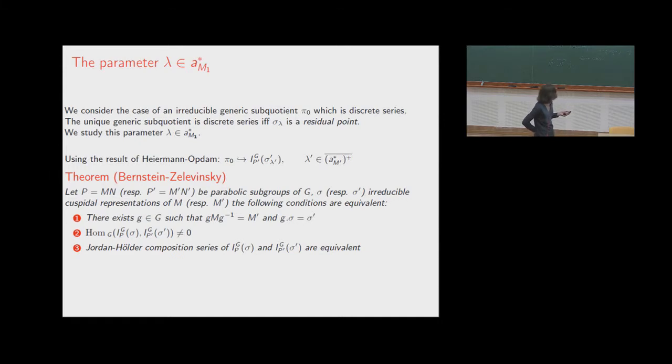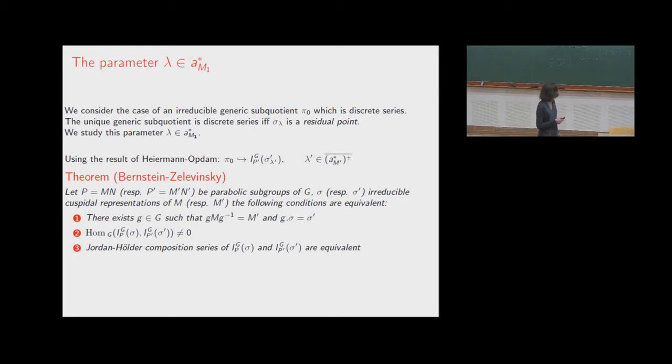So I want to describe this parameter lambda. First, using Heiermann-Opdam, I will embed this generic piece in this induced representation where this is a dominant point for M prime. Then you use the Bernstein-Zelevinsky theorem.